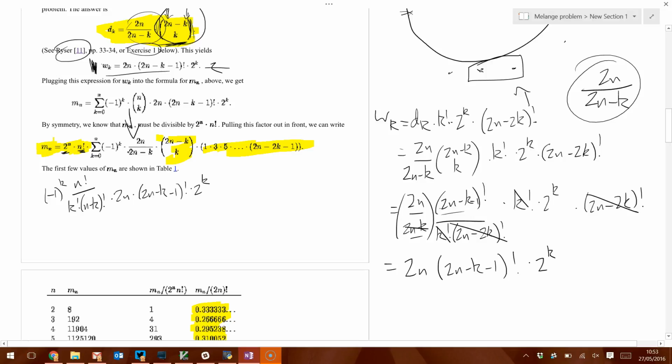Right, now I'm trying to head for this 2n minus k choose k, which means I need a 2n minus k factorial on top, and a k factorial on the bottom, and a 2n minus 2k factorial on the bottom. So I'm going to multiply and divide by 2n minus k. So I get -1 to the k, n factorial.